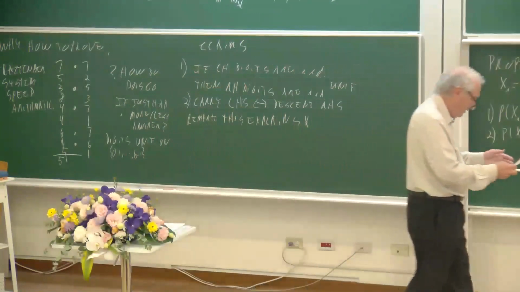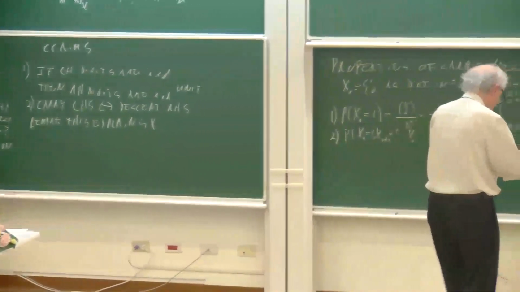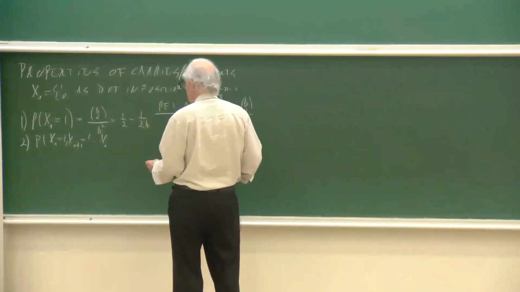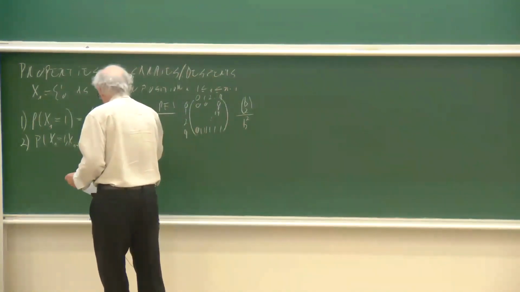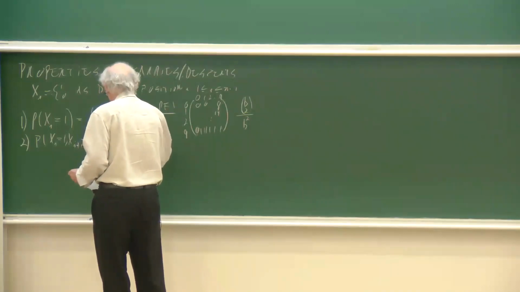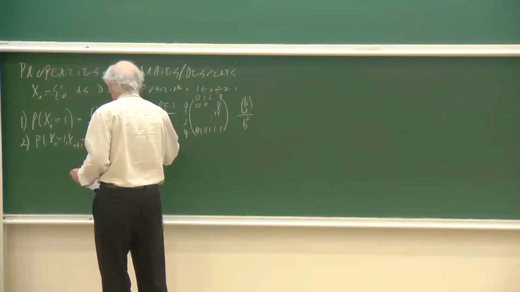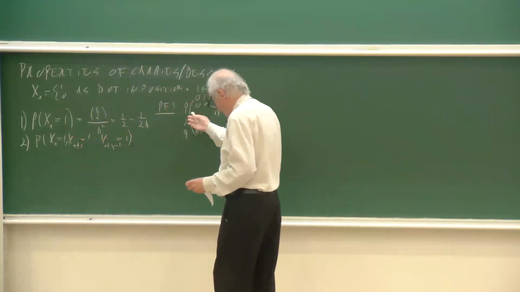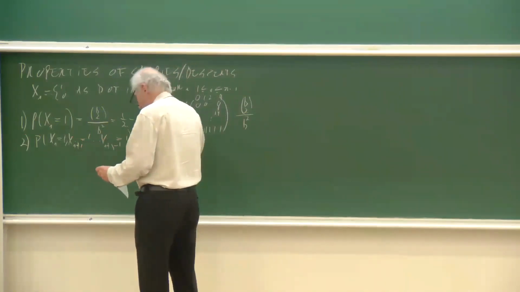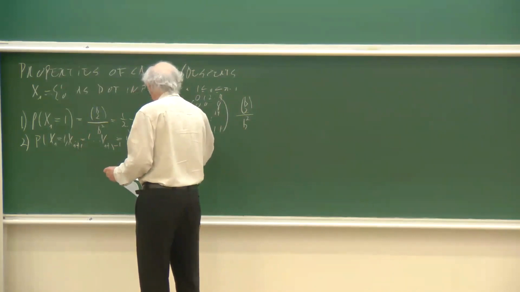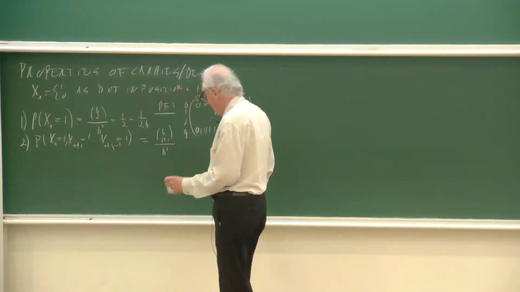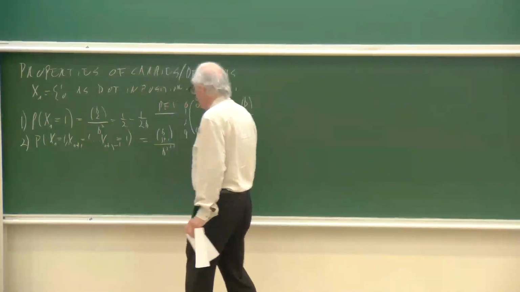So this is the chance of having j carries in a row, and this same argument shows you that it is b choose j plus 1 over b to the j plus 1.